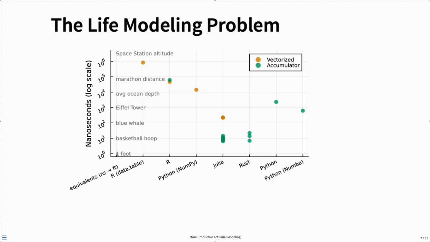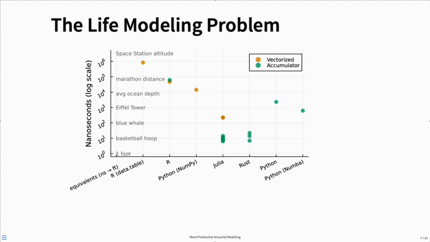Somebody had written an implementation of a net premium calculation, and posed a challenge to the members of that group and said, here's a problem that is typical of life insurance modeling, where you need to do an iterative calculation and then transform the results of that iterative calculation to determine something like a net premium. Various people proposed different solutions in different languages, different approaches, and this is the result of that.